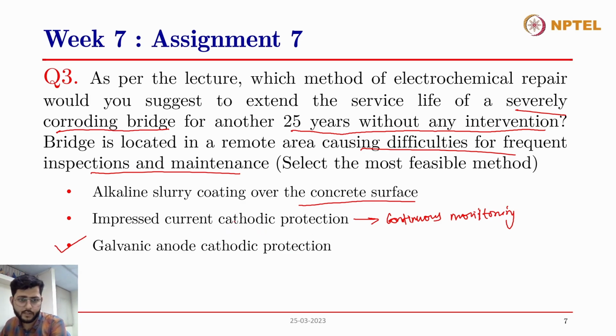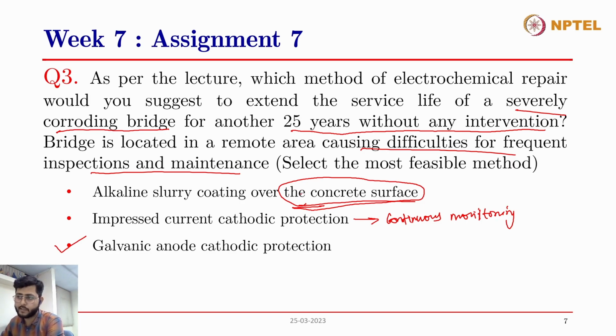First of all, the first option is the alkaline slurry coating over the concrete surface, and the first fault in this option is over the concrete surface. The alkaline slurry coating, whenever it is done, is generally done over the rebars after removal of the concrete from that area, because we want the environment around the rebars to be alkaline in nature, not the surface of the concrete.